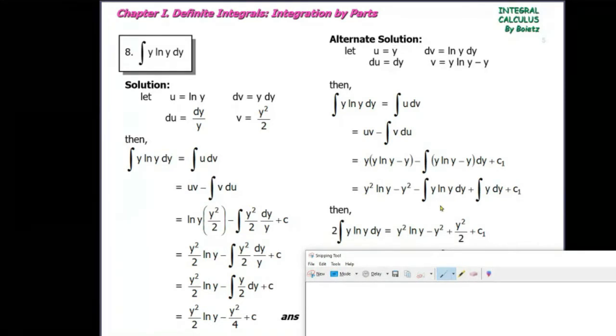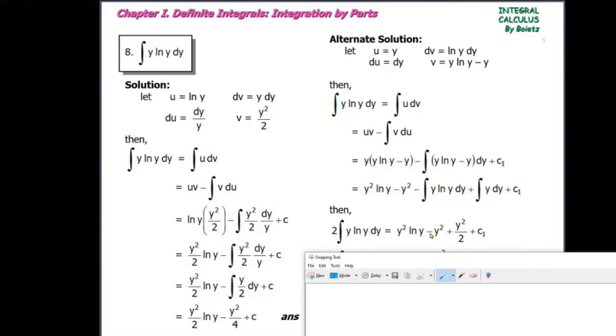So take note, the integral of y ln y dy is also equal here, right? So just move this to the other side, you add it, it becomes twice. So 2 times the integral of y ln y dy is equal to y squared ln y minus y squared, plus the integral of y dy, which is y squared over 2.